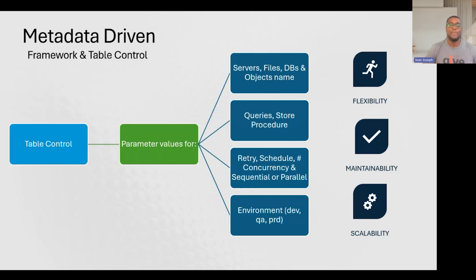So that's where we might need to think of having a control table to maintain the behavior of our pipeline. This approach has several benefits, such as it enhances flexibility, as you can easily change the source and the destination data store, the copy behavior and the loading mode by updating the metadata without modifying the pipeline.